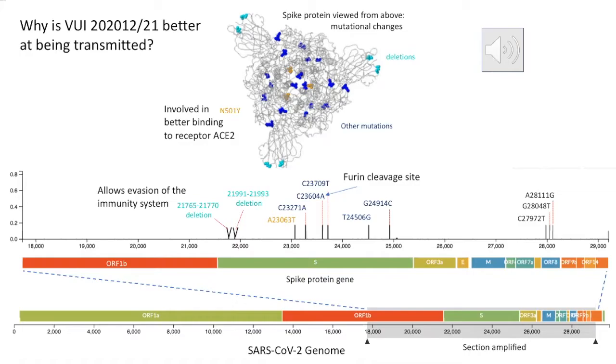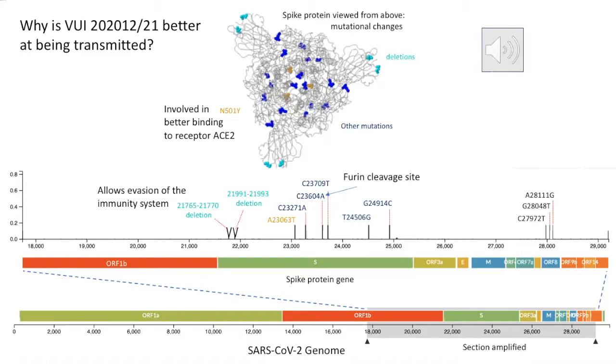So the antibody cannot bind to the spike protein as it would normally do. This allows the virus to escape, or at least part of, the host's immunity system. So in actual fact, with these three mutations, what we have is a mutation that increases the binding of the virus to the host cell receptor.